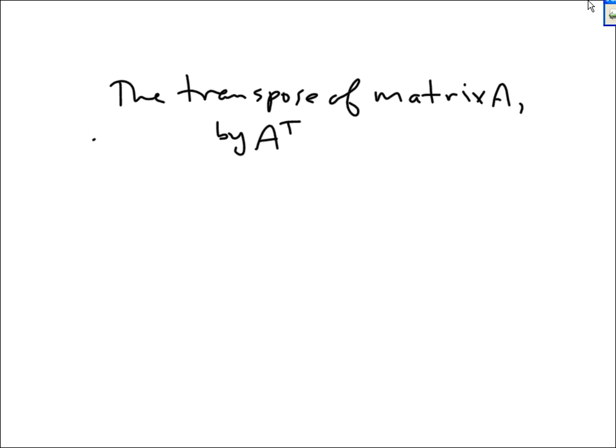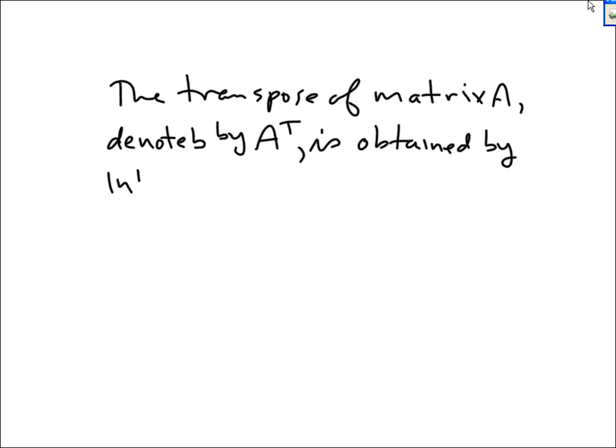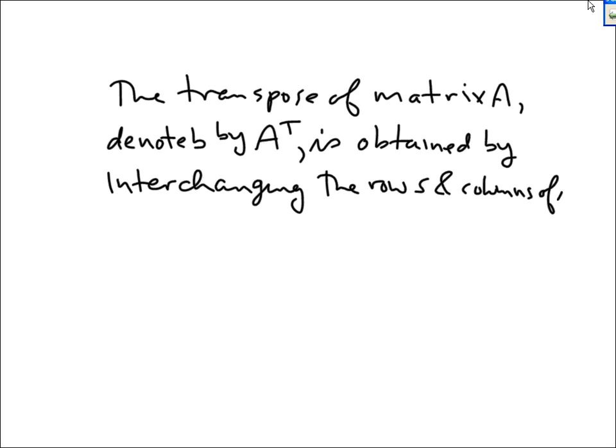It is obtained by interchanging the rows and the columns of matrix A. The transpose of matrix A is obtained by interchanging the rows and columns of A.